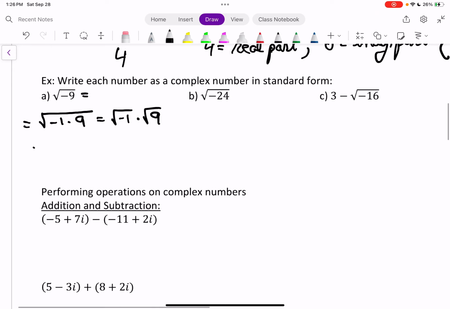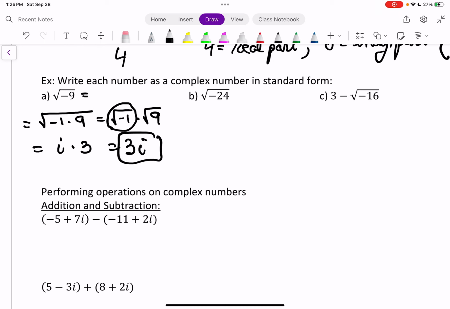The square root of -1 is equal to i, and the square root of 9 is 3. This number is, of course, i times 3, but it looks better if you write the number up front, so 3i. If you take 3i and multiply it by 3i, you're going to get -9.